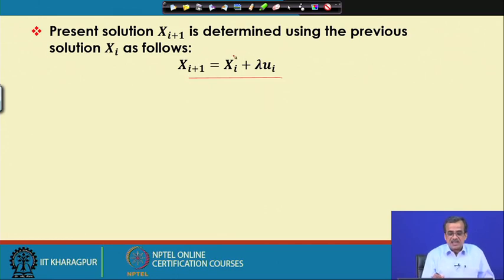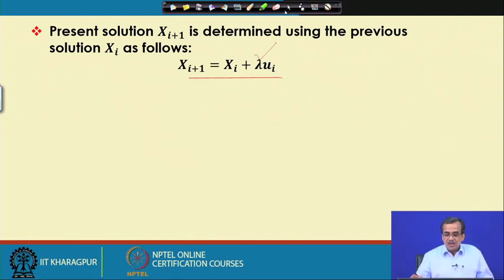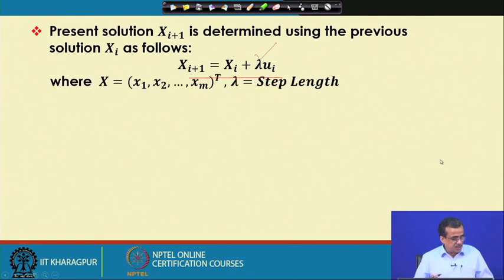So, capital X i is the value of this set of design variables in the earlier iteration, and lambda is the step length and u i indicates the search direction. Now, how to find out this particular search direction, that I am going to discuss.